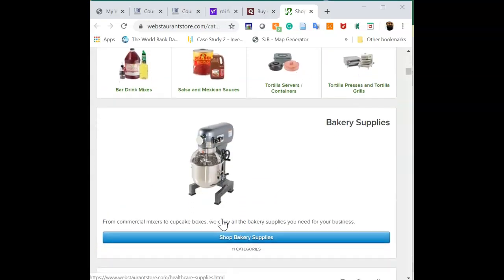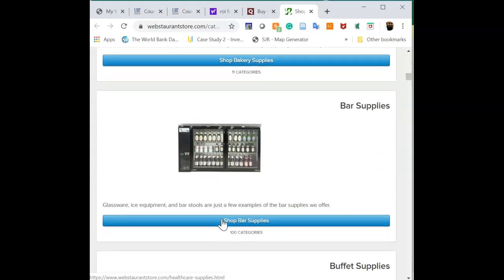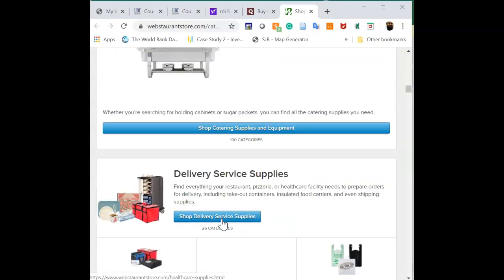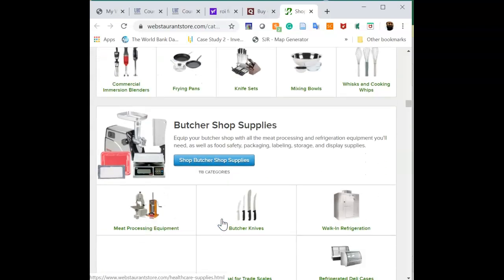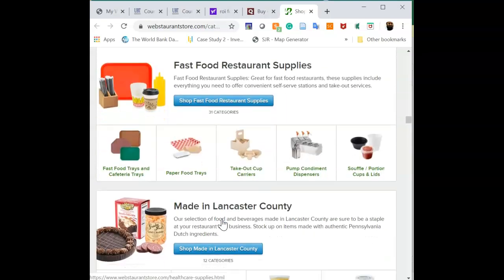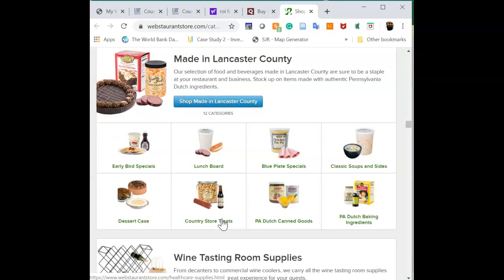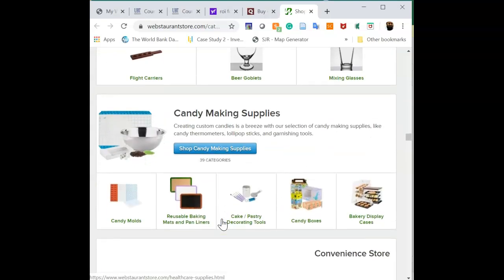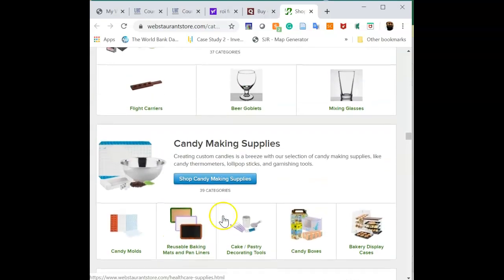Then these are for bar supplies, buffet supplies, catering, school supplies, fast food restaurant supplies. So you can get the details of this. Suppose you want to make your own candies, you can also bring in these baking and candy molds.